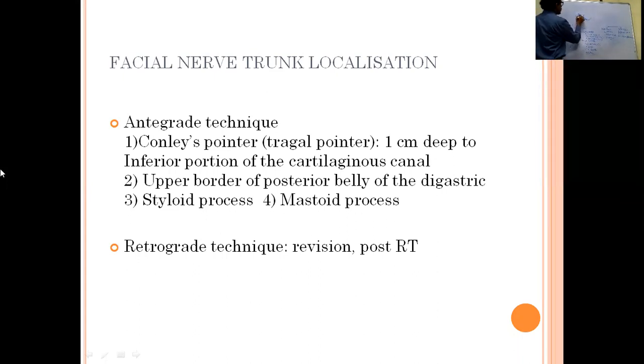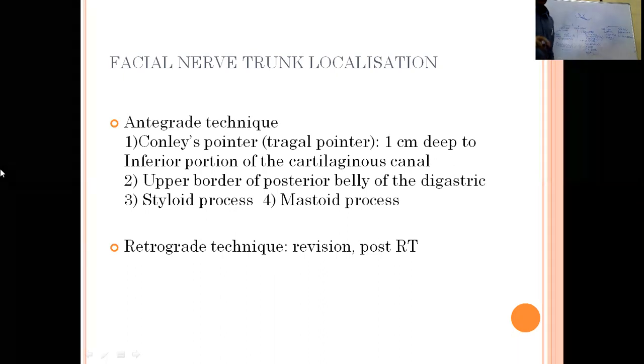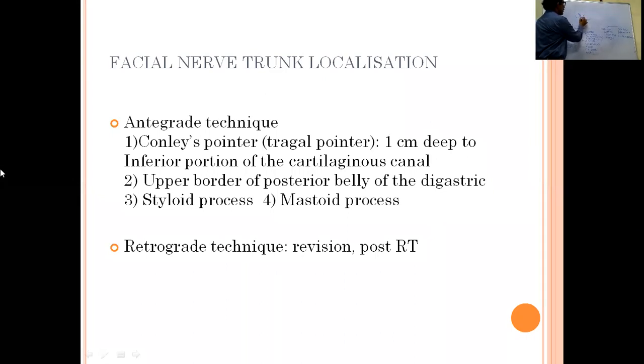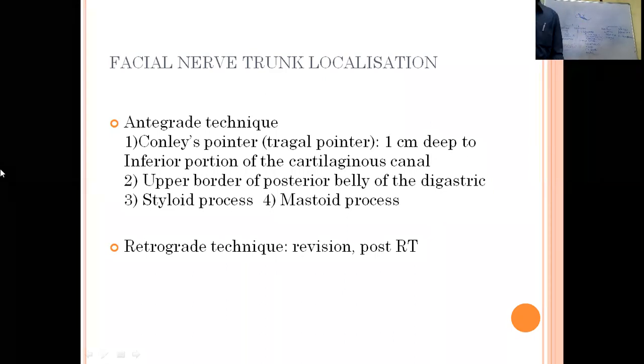So this is the mastoid. This is the triangular portion of the cartilaginous canal. Styloid process, digastric posterior belly. These are the important landmarks. There you have to search for the narrow trunk.